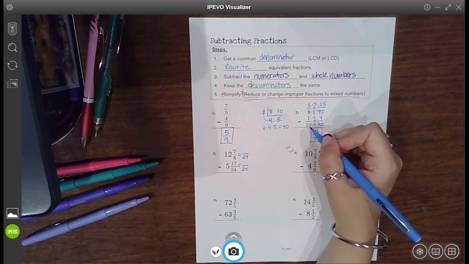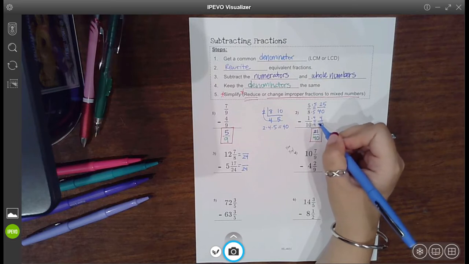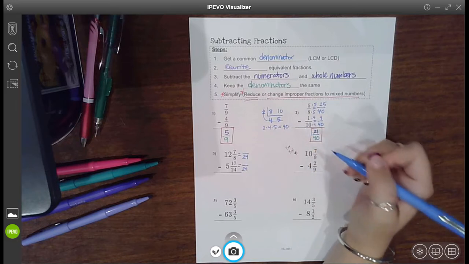Look at 10. Can 8 become 10? No. 10 times 2 is 20. Can 8 become 20? No. 10 times 3 is 30. Can 8 become 30? No. 10 times 4 is 40. Can 8 become 40? Yes. So they both can become 40. So you can always do that process in your head if you don't want to use the ladder method to find your LCM.